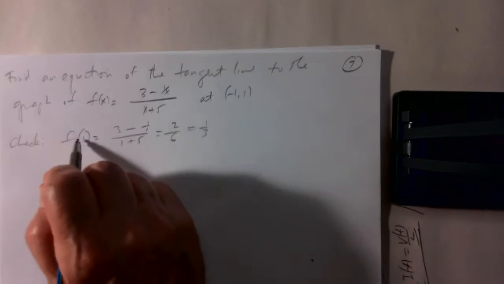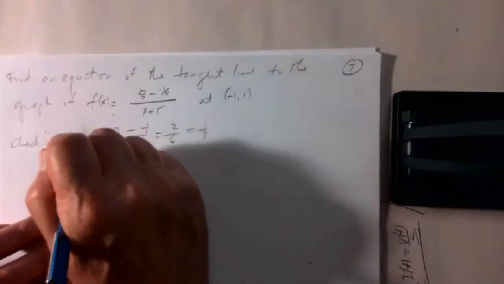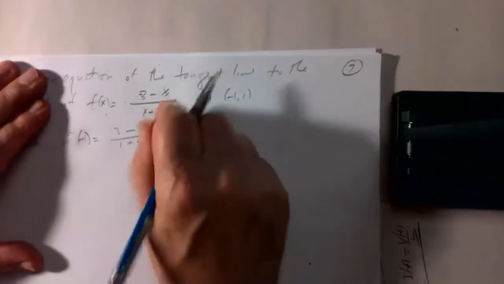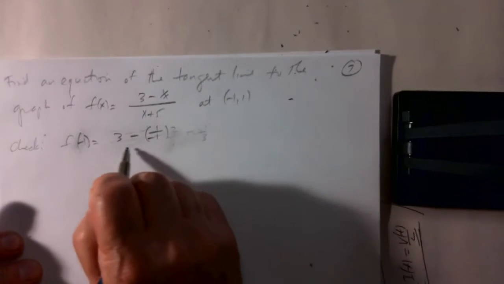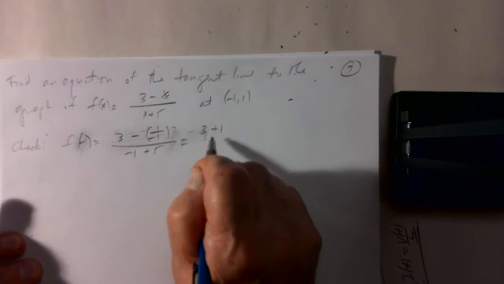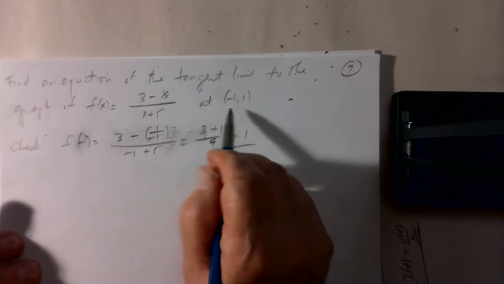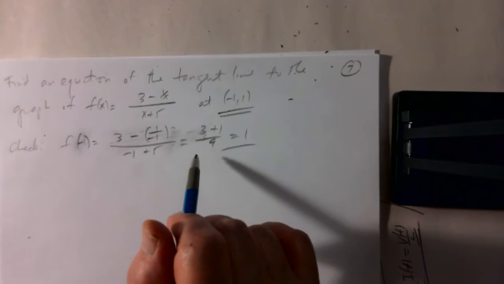Oh, sorry, f of minus 1. I wrote down the wrong thing. Let me see if that makes a difference. So f at minus 1 is 3 minus 1 over minus 1 over minus 1 plus 5. This is 3 plus 1 over 4, which is 1. So this is okay. So when x is equal to minus 1, y is equal to 1.